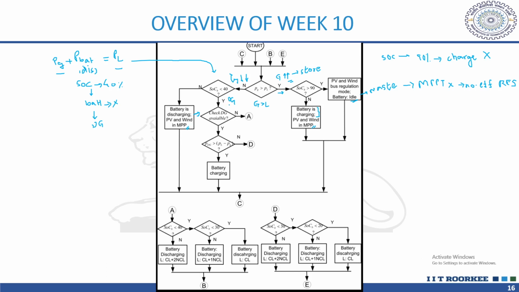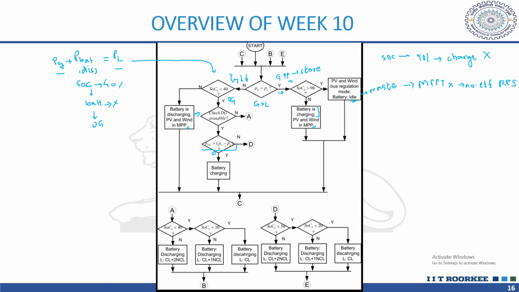Coming here, if we do not have sufficient energy in the battery, then we have to activate our diesel generator. If the diesel generator is not available, then we have to go to A, that we'll see afterwards. If the diesel generator is available, this mismatch between load and generation, basically we are checking if PL minus PG is positive or negative.